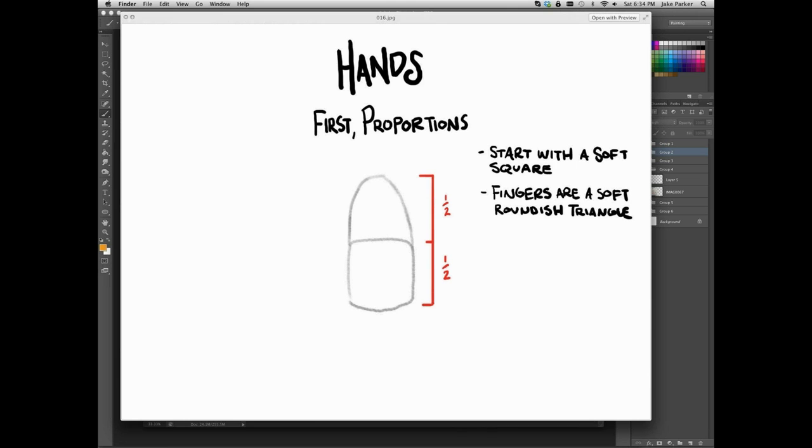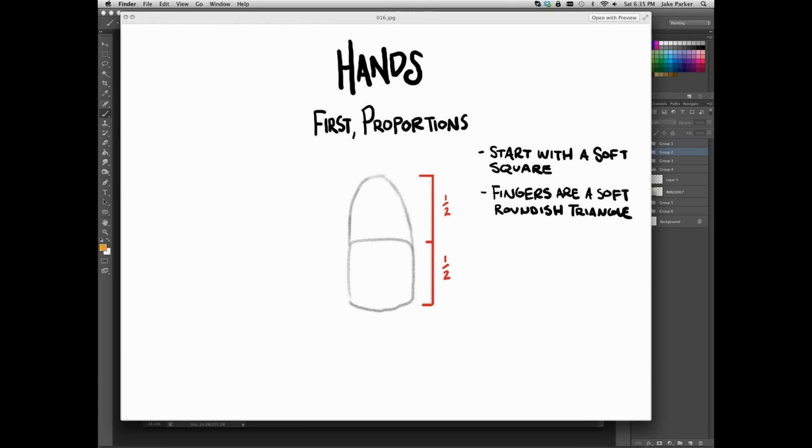They're divided half and half, fingers to palm. Now, in real life, true proportions are a little bit more varied than that, but this is good for just laying down and getting your structure there. And if you want it super realistic, then look at realistic hands. But I think for 90% of animation design, comic book design, children's books, illustration, all those kinds of things, this kind of stuff will suffice.